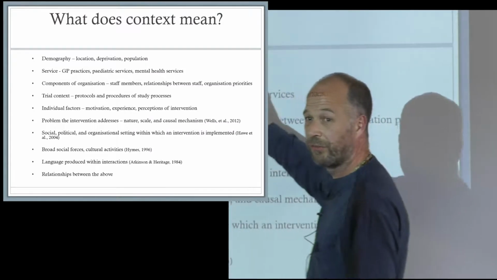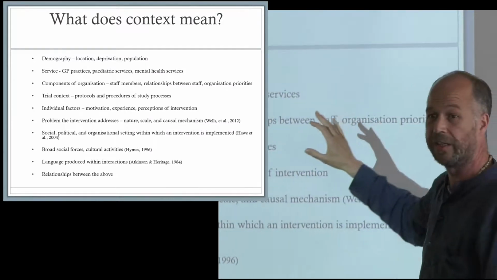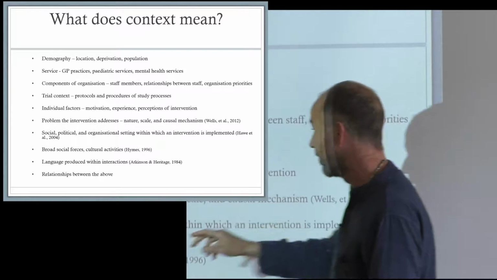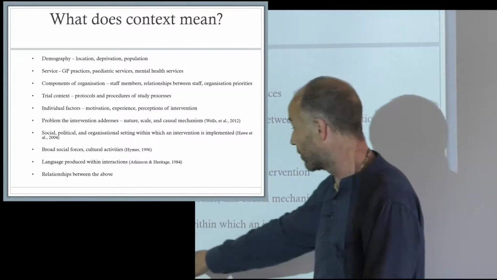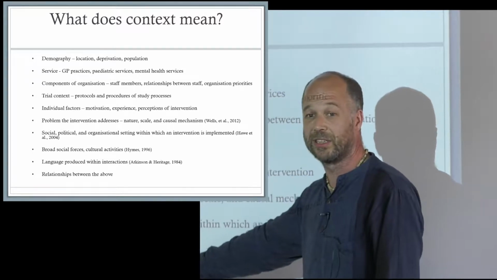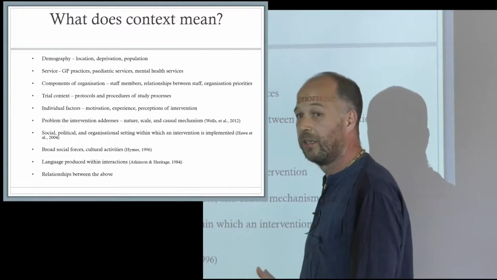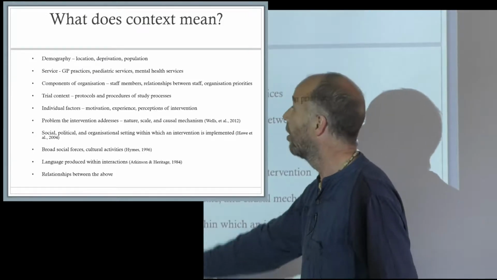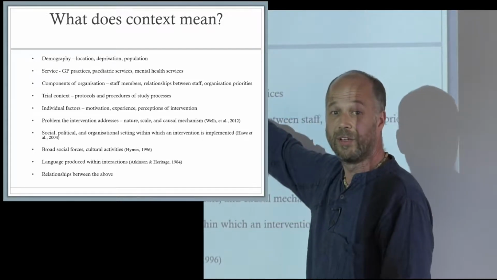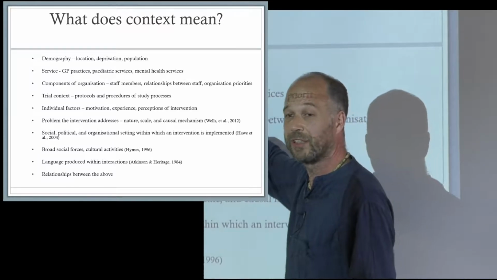If you move out of health services research, you start to see different ideas about what context is. You start to see things like it's the social political organisation, or it's broad social forces or cultural activities, or it's language that is produced through interactions. And that is a far cry from the idea of context as just being demographic factors.